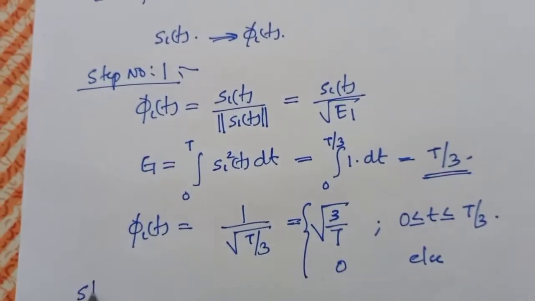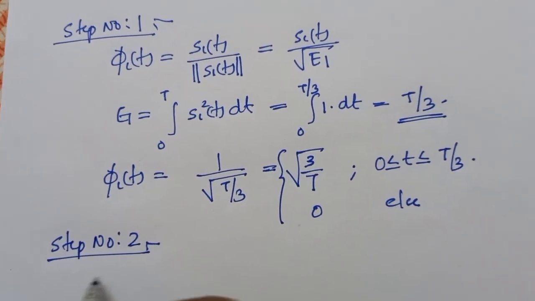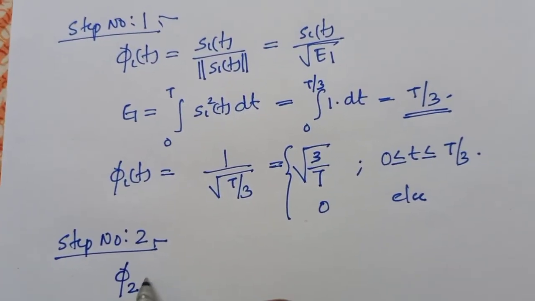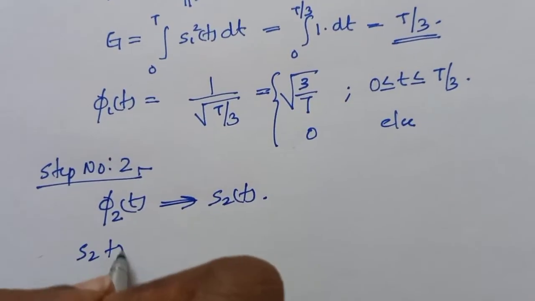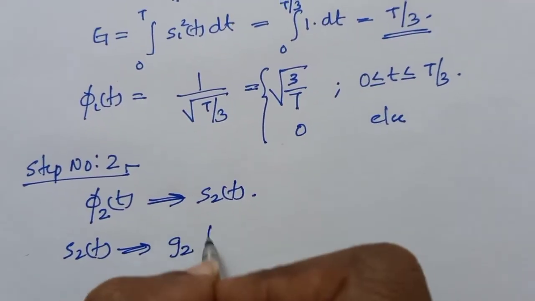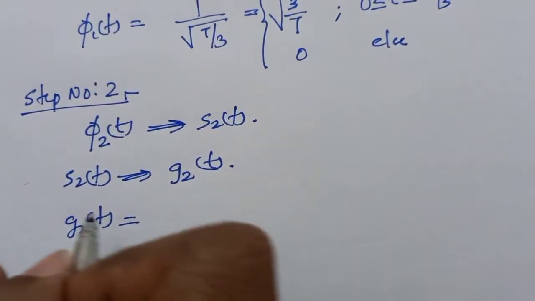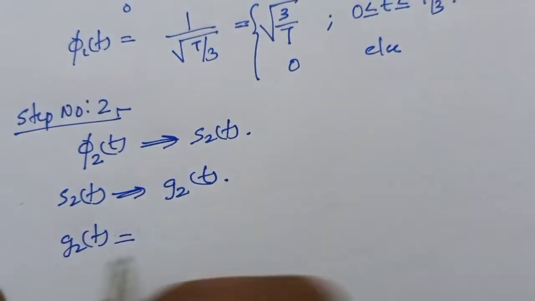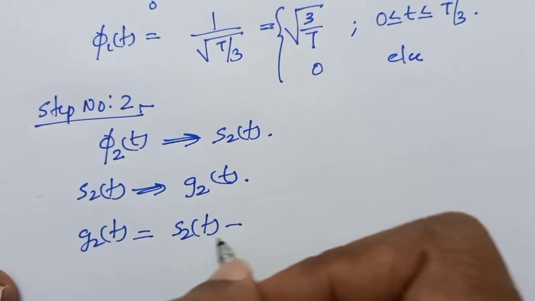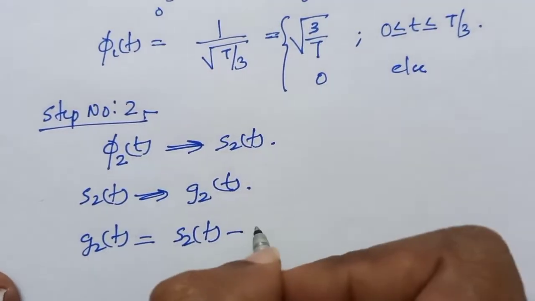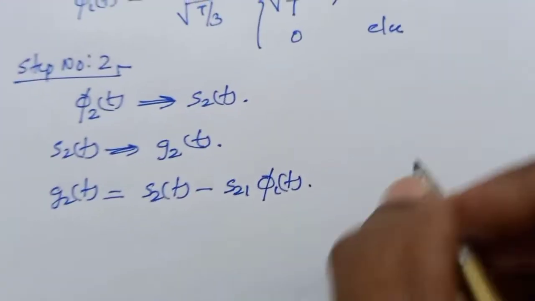Now step number 2. For finding φ2(t), we will choose the second signal s2(t). From the second signal s2(t), we will define the intermediate function g2(t). Now, what is g2(t)? g2(t) is s2(t) with all the components corresponding to the first axis removed, that is s2(t) minus the projection of the signal s2(t) on the φ1(t) axis, that is s21 φ1(t). Now we need to find s21.